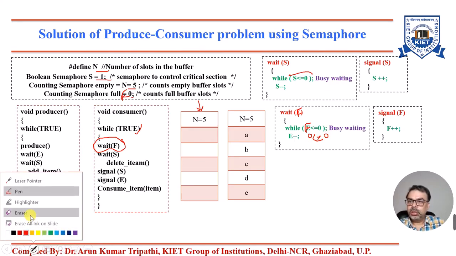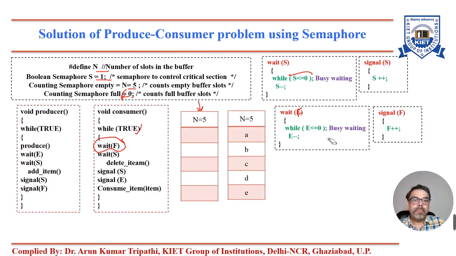Now I am considering another example. Suppose the buffer is full. Can a producer produce an item? The producer is going to produce, so it will check E. If all slots are full, the empty slot count will have the value 0.